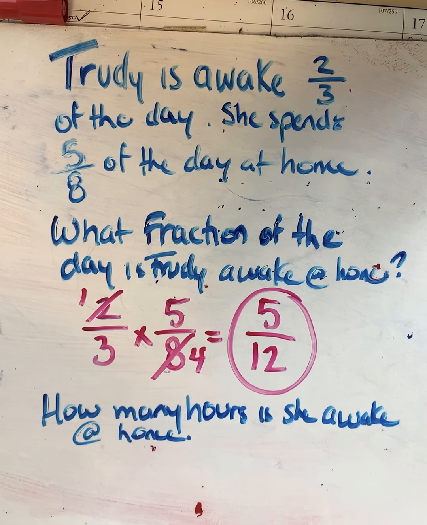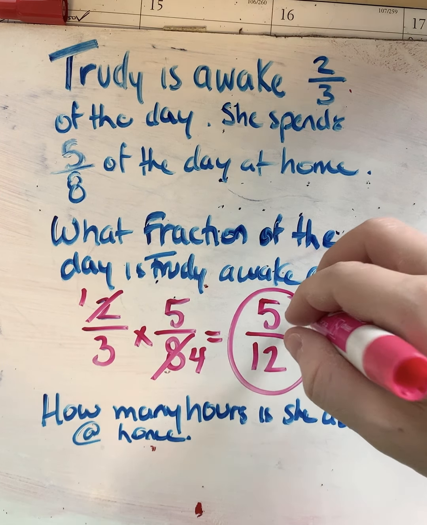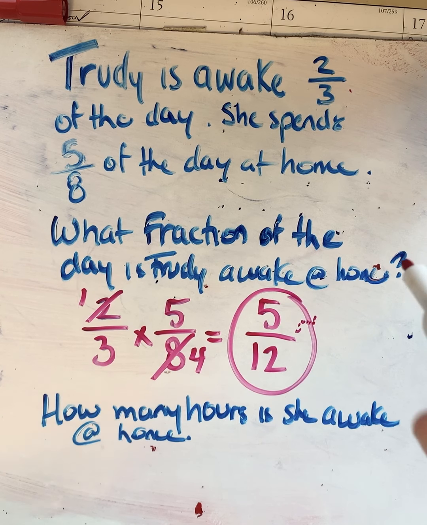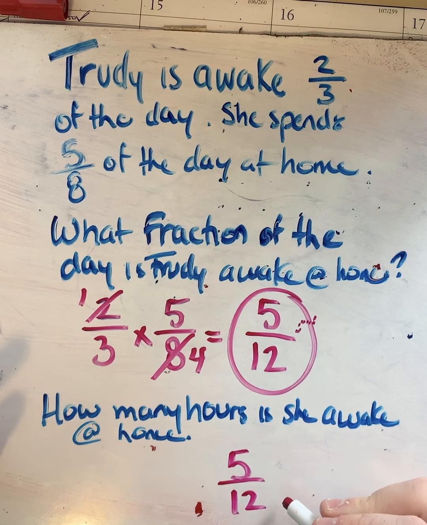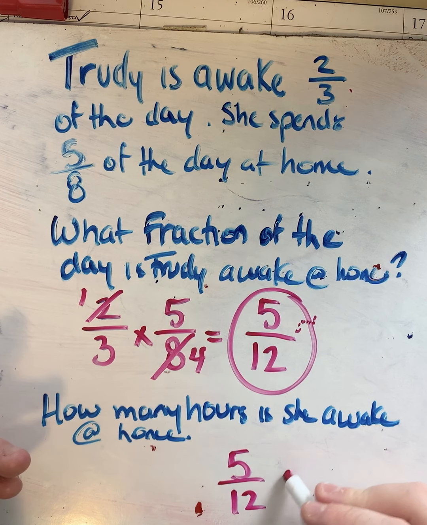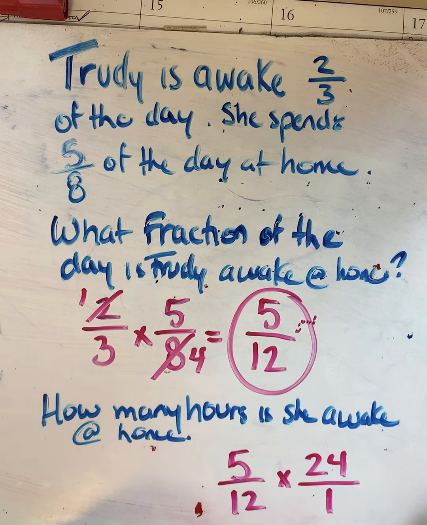And now here comes the thinking part. How many hours is she awake at home? For this case, I need to think about the fact that I already have the fraction here, the amount of time that she's awake at home. I just now need to apply it to hours. So I'm going to write down 5/12, and I'm looking at hours during the day. So I'm going to be multiplying it by 24, right? Because I know that there are 24 hours in the day.